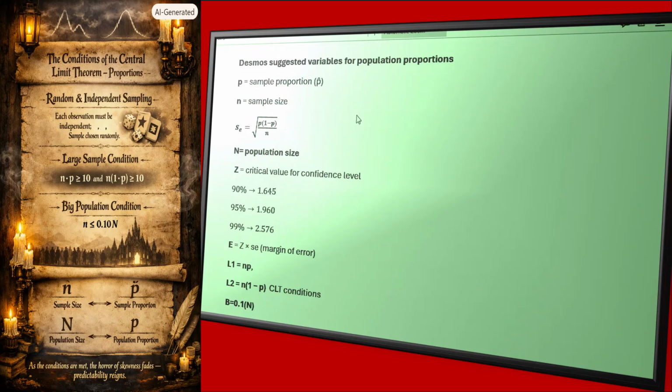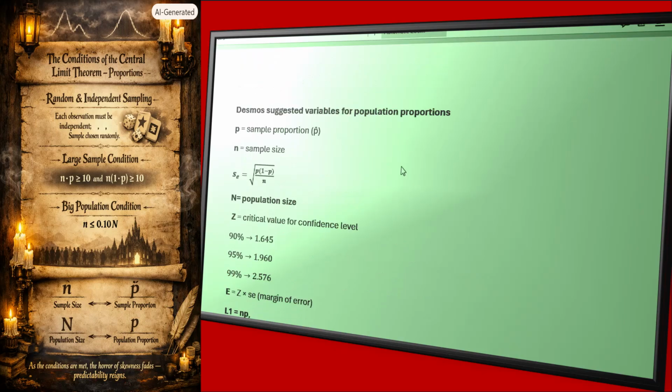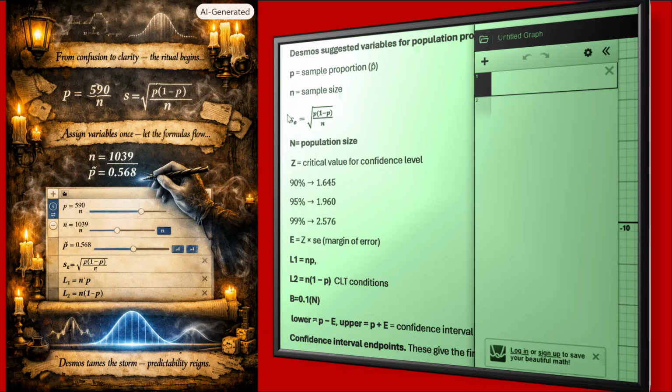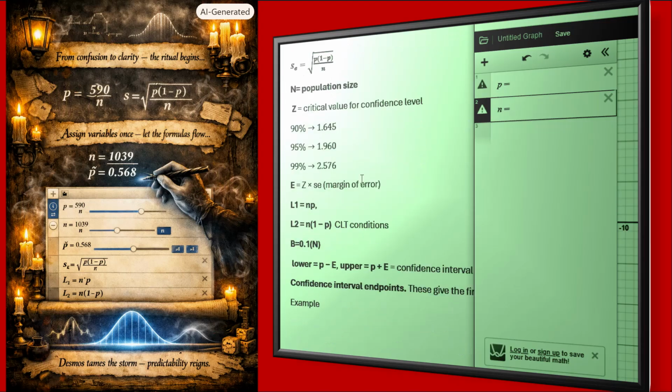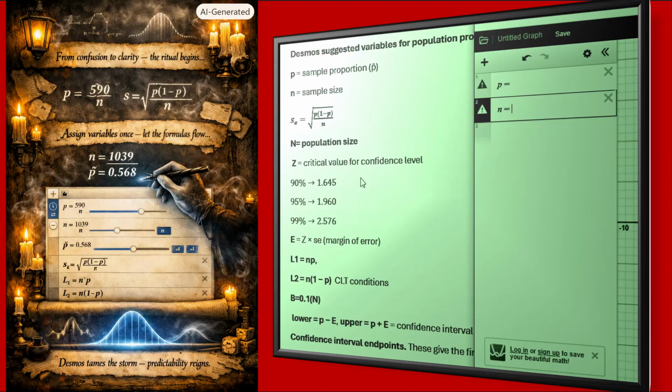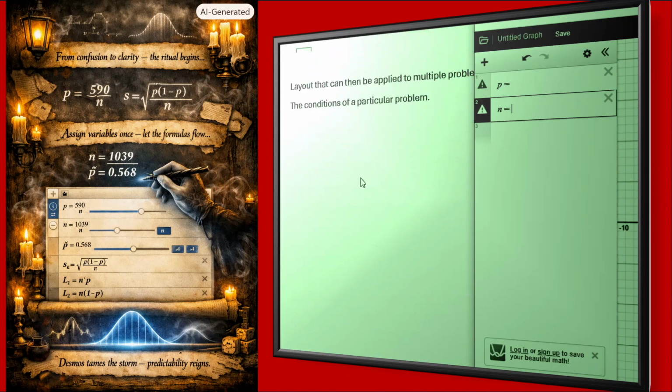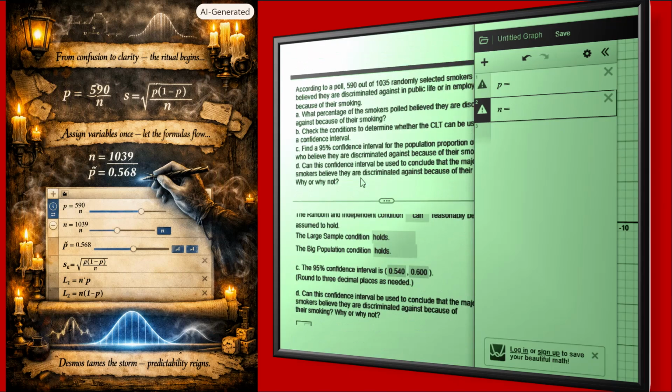So now let's try to get what we have in this PDF file over into Desmos. We have to start with a population proportion. We'll eventually assign those, and we will have to start with a sample size. We don't need to get to the critical values just yet, but I'm going to scroll on down to the bottom, and I'm going to show you an example of a problem.